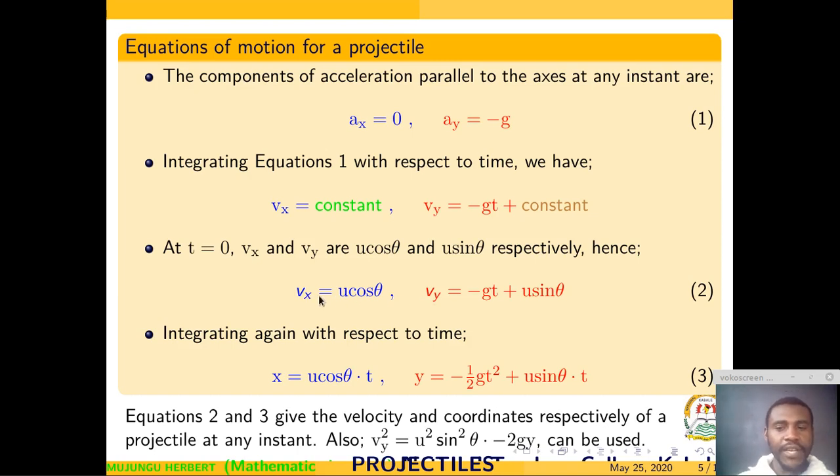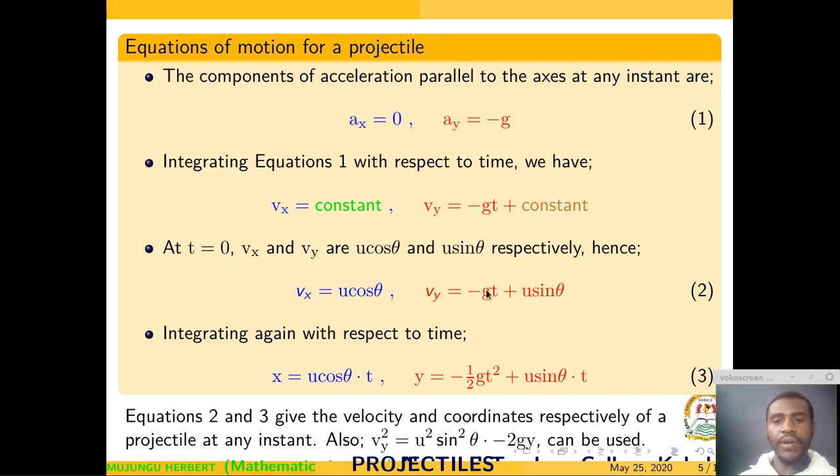So similarly, if we integrate velocity, we should be able to get displacement of this particle after time t. When you integrate the component vx, you get the horizontal displacement. When you integrate, this is a constant, so you get u cos theta t. When you integrate the vertical component of velocity, you get y.